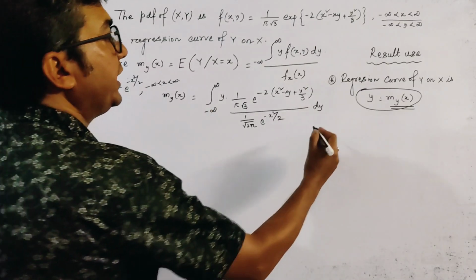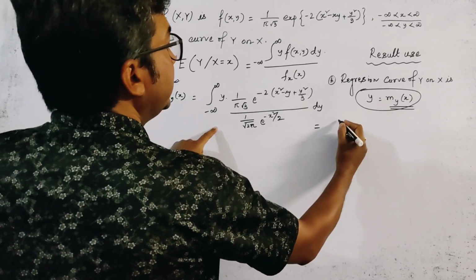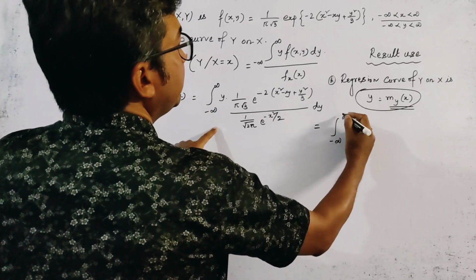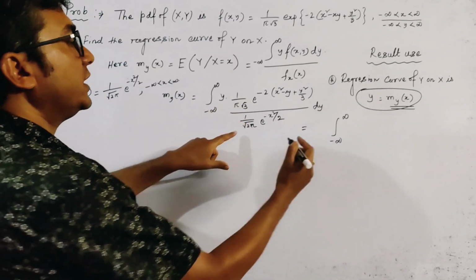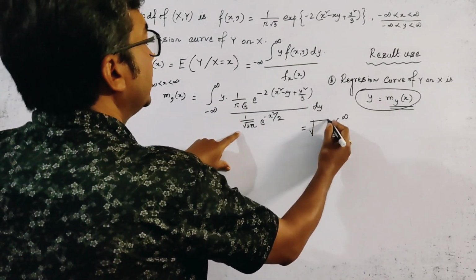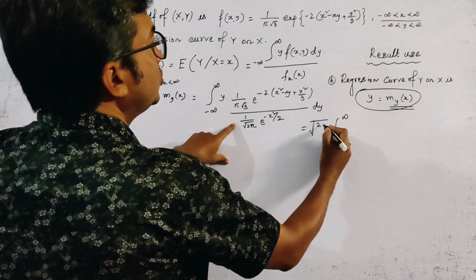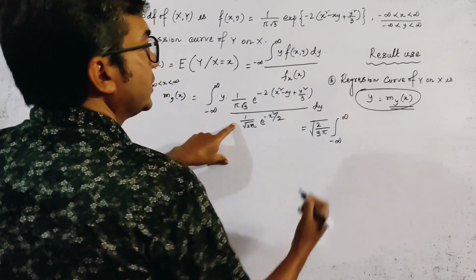From here we get the result as the integration from minus infinity to infinity, and we write the constant term outside the integration. This is given by root 2 by 3 pi under root.